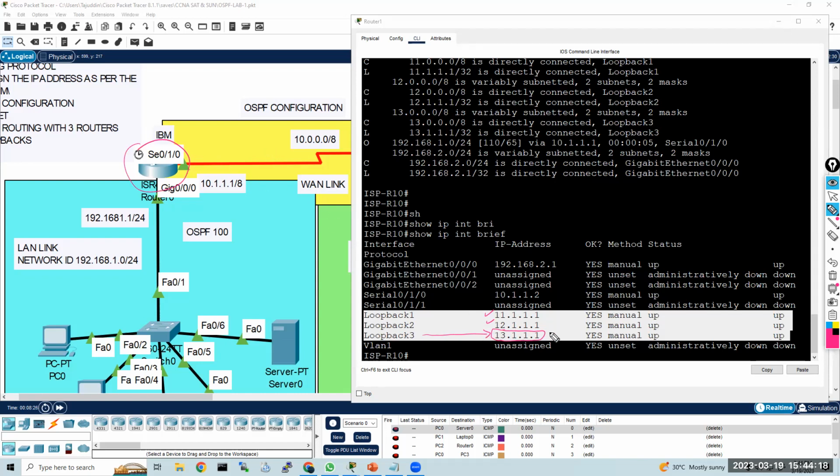Why is it showing only this one? Because this is the ISP router and it is the DR now. Router 2 is your DR, designated router, because as per our slides, what I explained, loopback is the first priority. That's the reason this one is your DR.